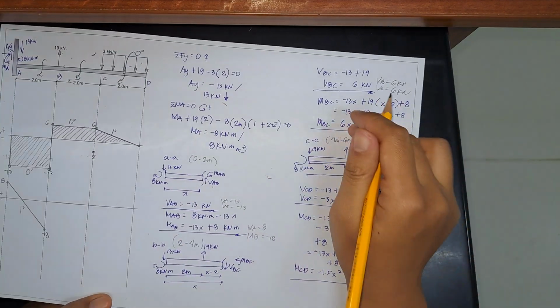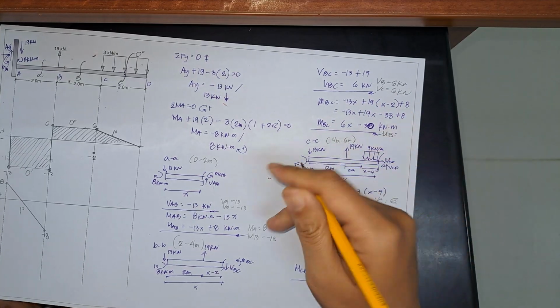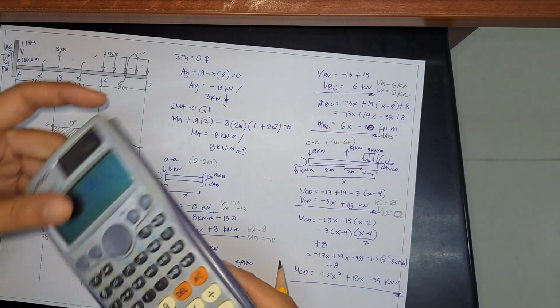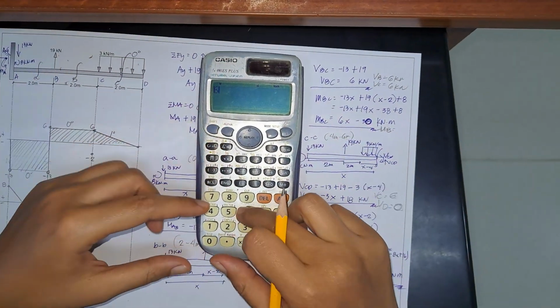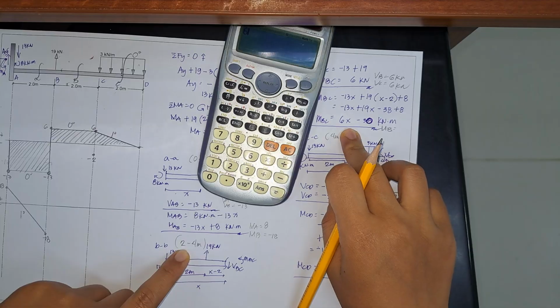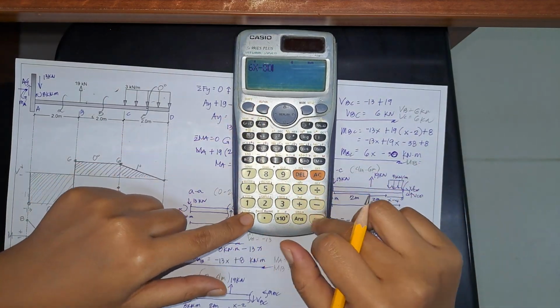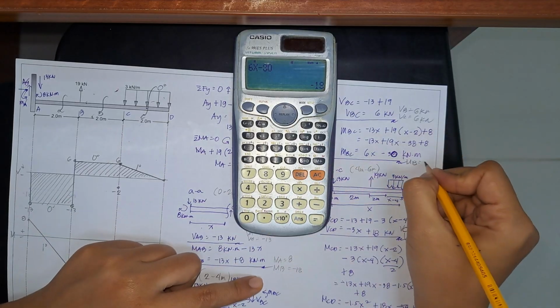Next, moment at segment BC na po tayo using this equation. So, moment at B, dapat ang makuha natin dyan is negative 18. So, 6. Ano yung x natin dito ngayon? 2. Kasi nasa point B tayo. So, 2. 6x minus 30. Ayan, negative 18.